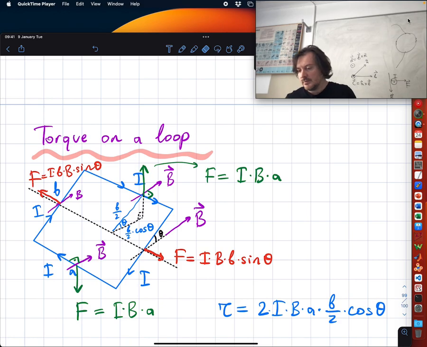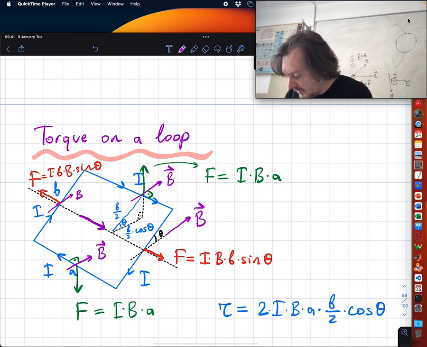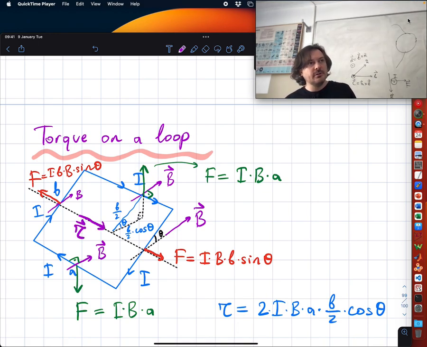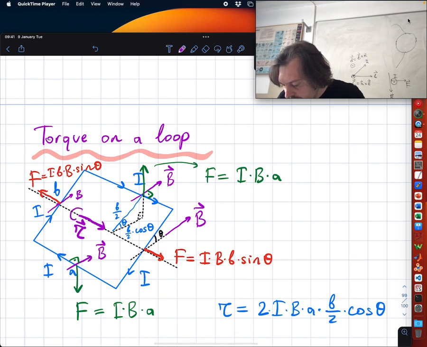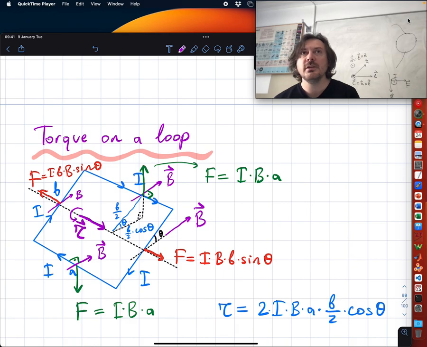Yes. Okay, so torque is in this direction, right? That is the direction of torque, which corresponds to a rotation like this. Let me draw it again. This corresponds to a rotation like this. So far, are you with me?